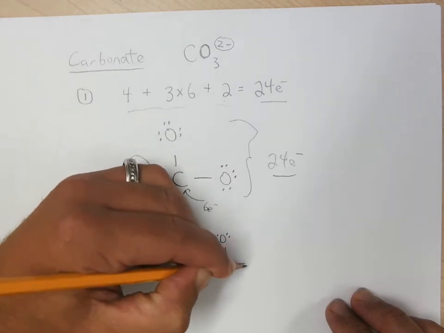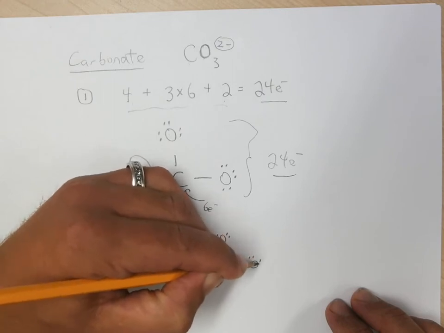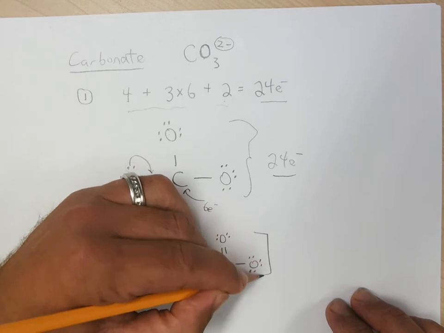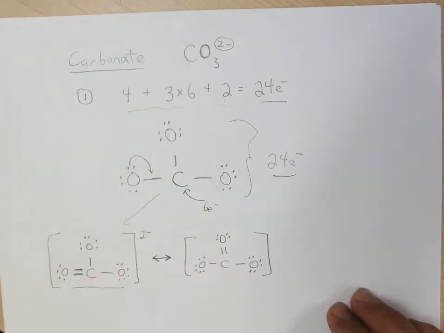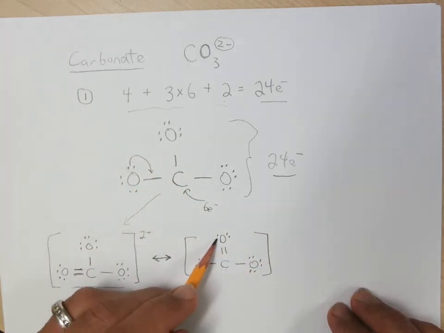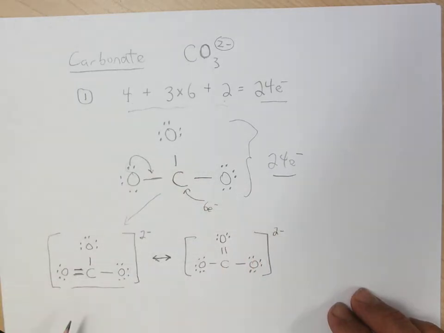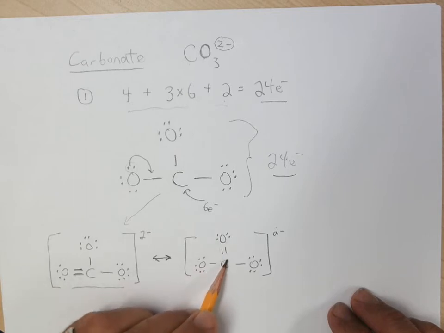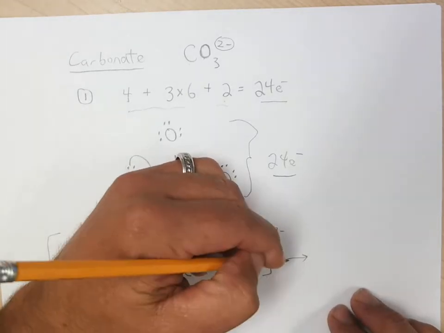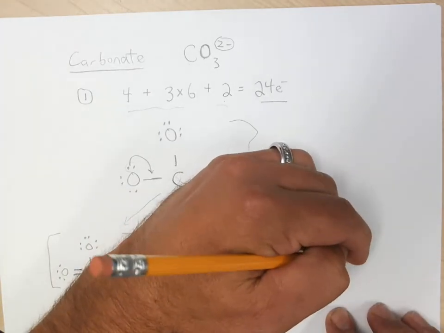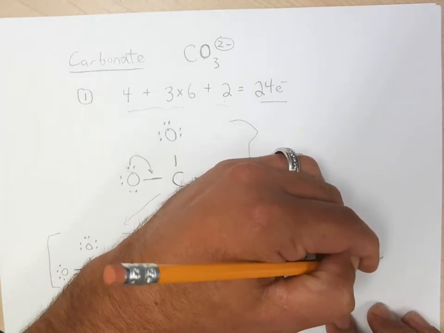So that's what I mean by a different choice during this 5th step of filling the octets of the central atom by sharing pairs from a different atom. We could either have the left oxygen be the double bond, or the top oxygen be the double bond, or if we arrow push this way, we could have the right oxygen be the double bonded one.